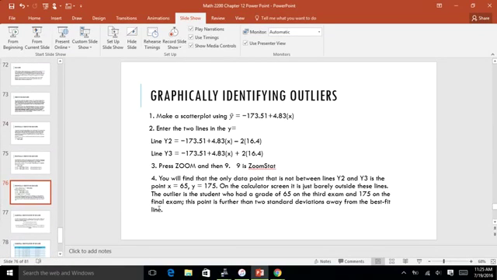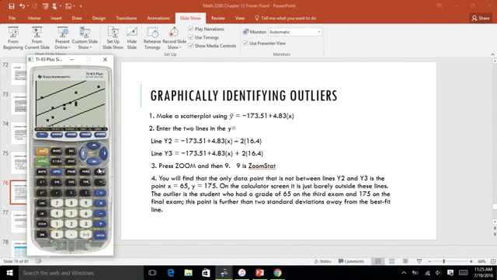I'm going to find the point in my actual data. Can I trace? Oh, look, I hit trace, and it gave it to me. X is 65, Y is 175. I hit that trace function, and it told me exactly what it is.